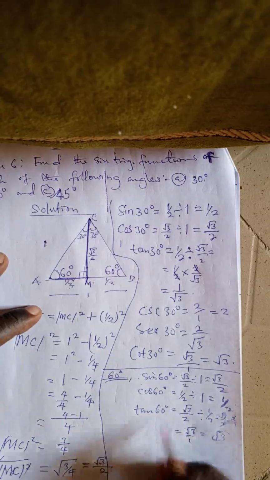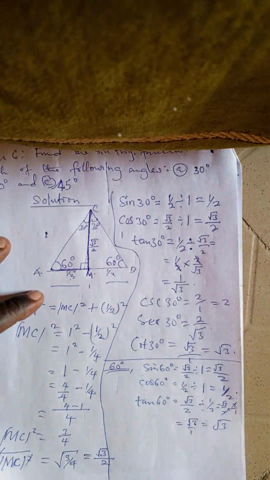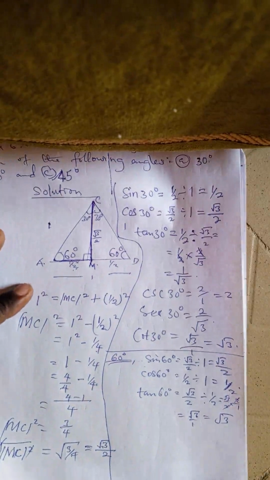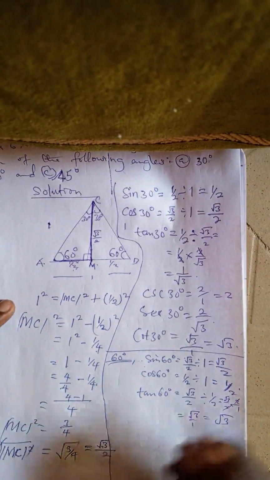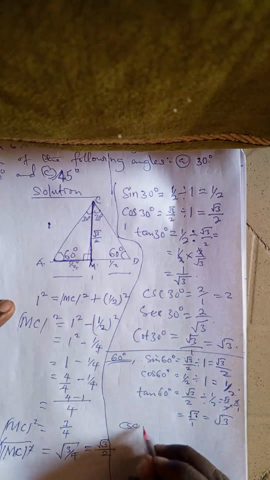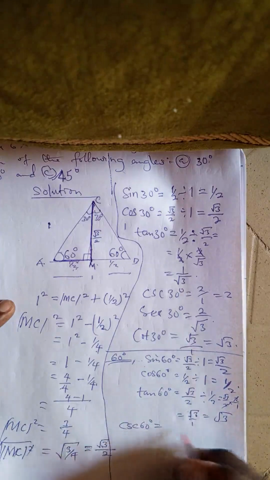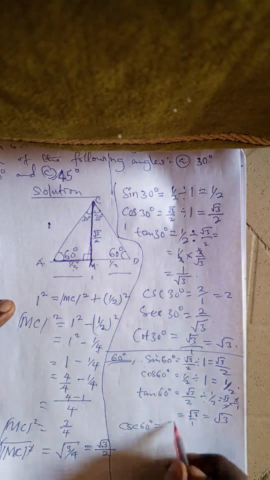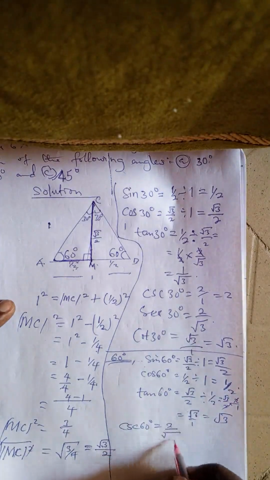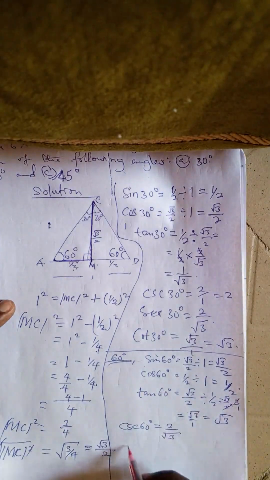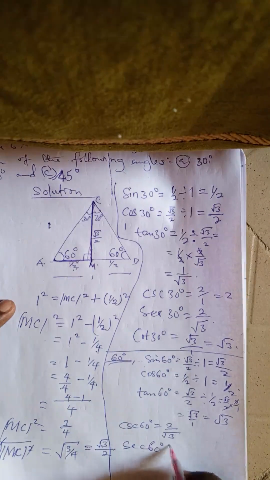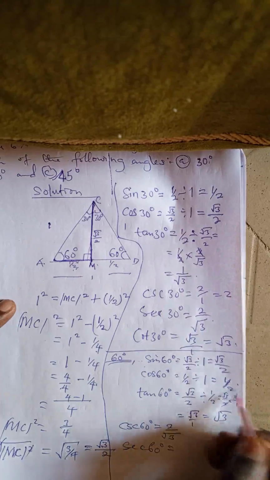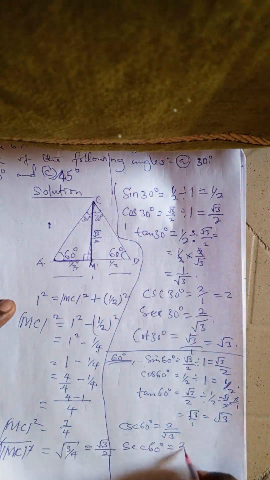Now, the other three trigonometrical functions for 60 degrees. Now we have cosec 60 degrees. This is equal to 2 over square root of 3. And we have sec, the reciprocal of cosine, 60 degrees is equal to 2 over 1, and that is equal to 2.